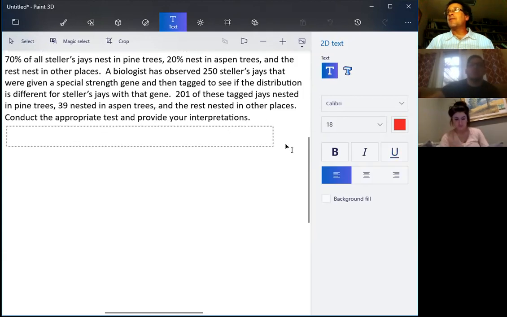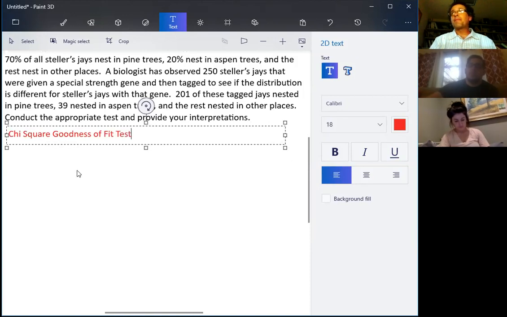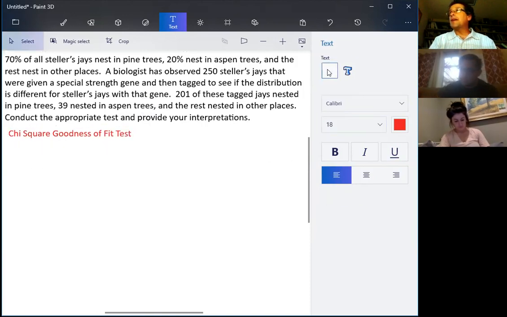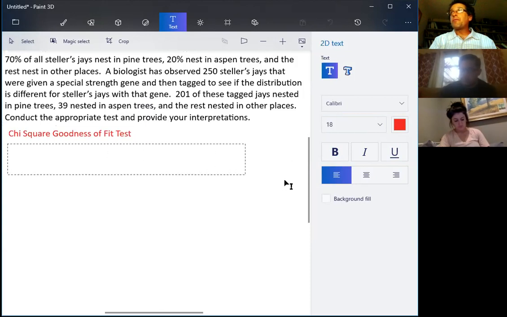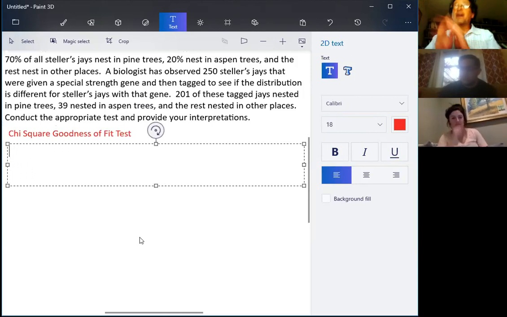This is a chi-squared goodness of fit test. And now I'm ready to write down H0 and H1. This is not about uniform. We're not trying to show that they nest uniformly, because we're trying to show they're the same as the distribution.